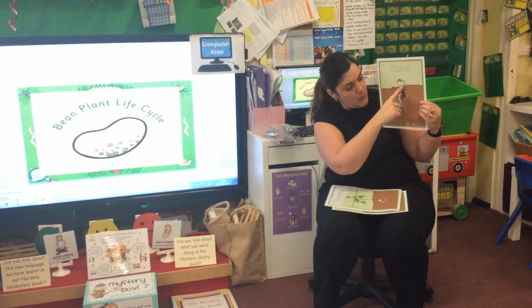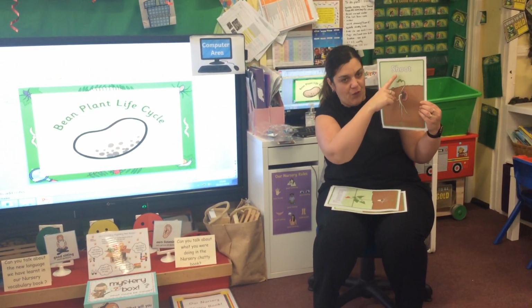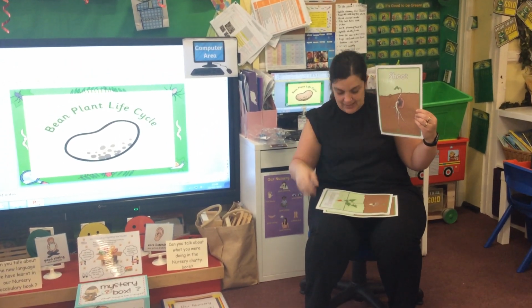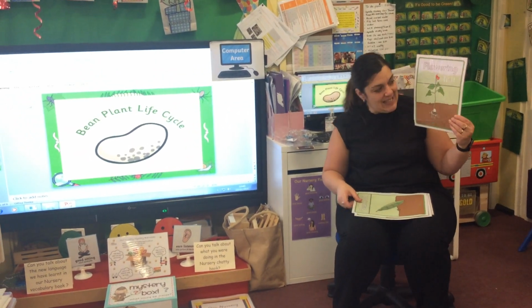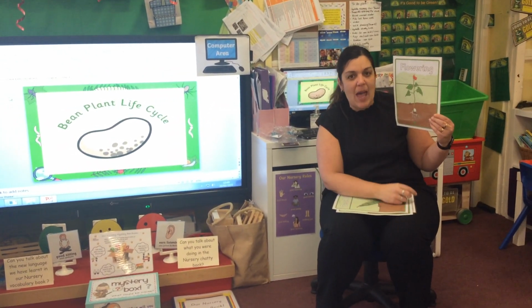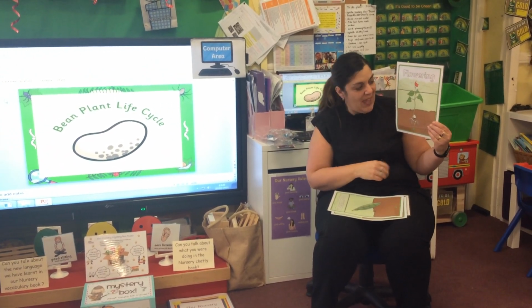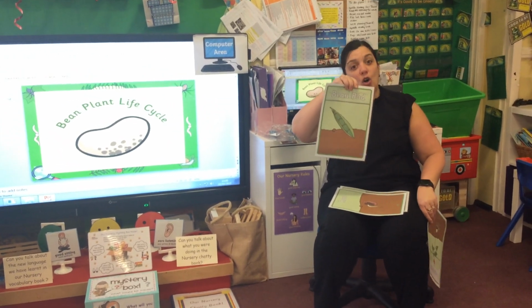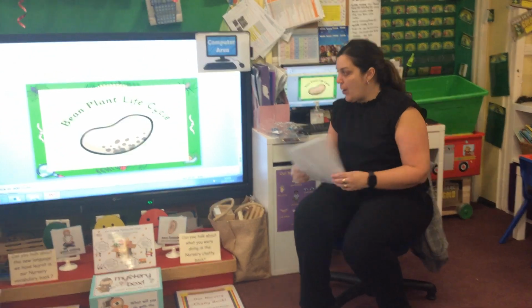And we call it a shoot because it goes above the ground. It starts to come out above the ground, and a root stays under the ground below it. And finally in our life cycle, the beans start to get a flower, so they are flowering. And when the flowers start to come, that is when the bean pods grow, and it starts all over again. It's like magic. I'll show you.